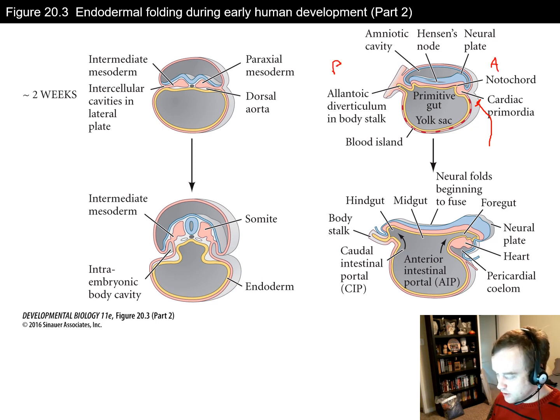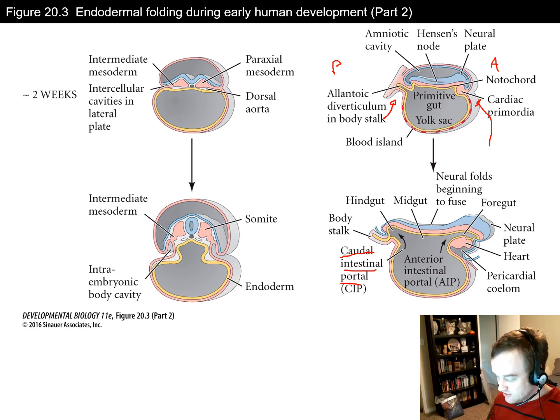We also have the allantoic diverticulum. I had to take it nice and slow to say that. Allantoic diverticulum, which is the beginning of this caudal intestinal portal, which you see down here. So this is going to be the caudal or posterior side of the digestive tract.